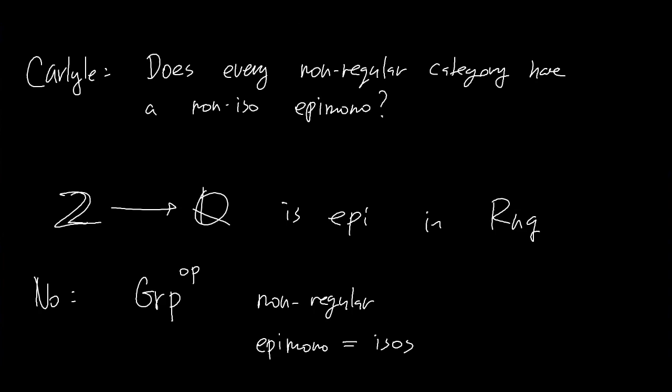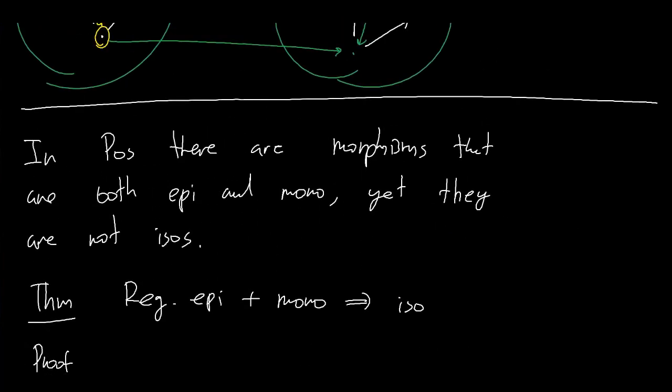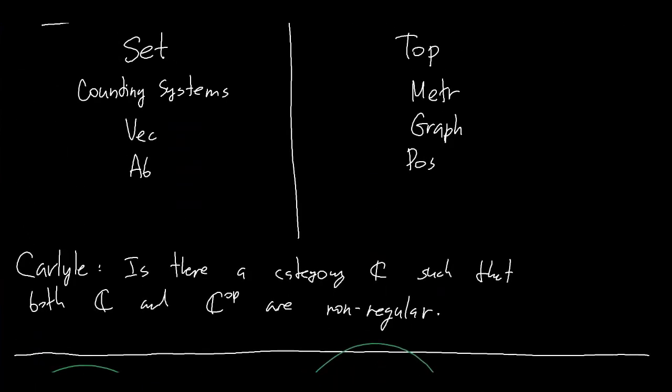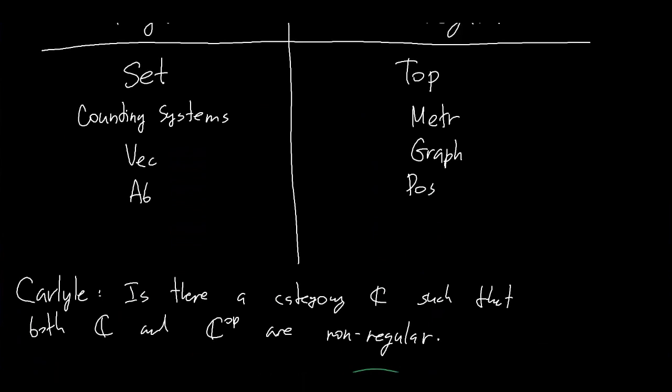So I was able to answer this question of yours. Am I able to answer the other question, which is whether there's a category such that both C and C op are non-regular? I feel a bit embarrassed that I cannot answer, because it's definitely the case that there are many of them. What is the opposite of posets? I think because the opposite of topological spaces is regular, posets opposite will also be regular.